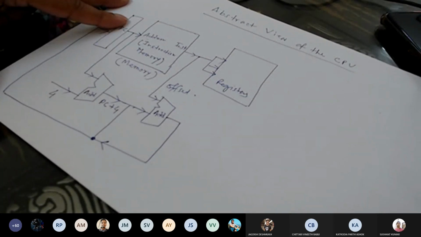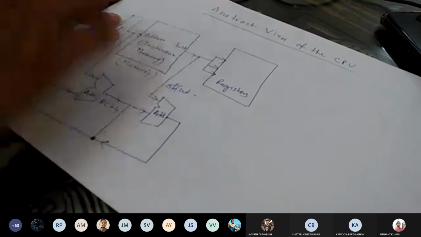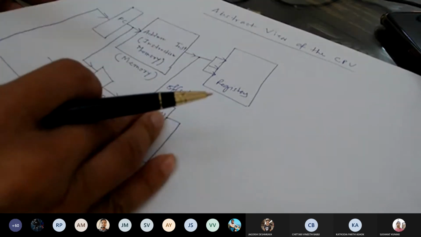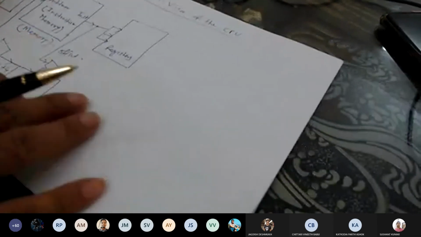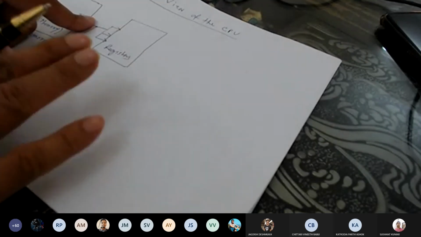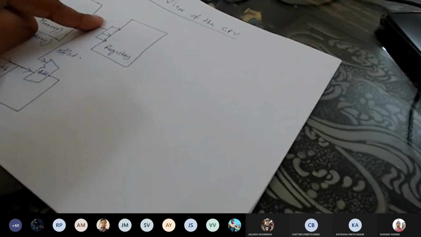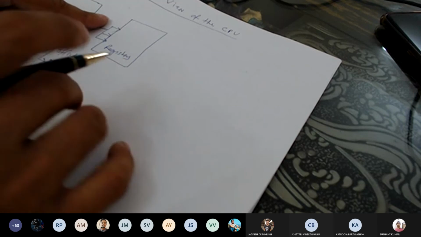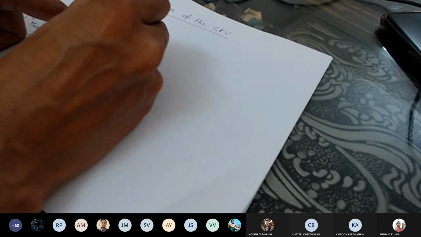Now let us go to the front of the circuit. Now this portion. So we are with the registers now. After that, what will be the logical block after the registers? So this is my RF, the register file.